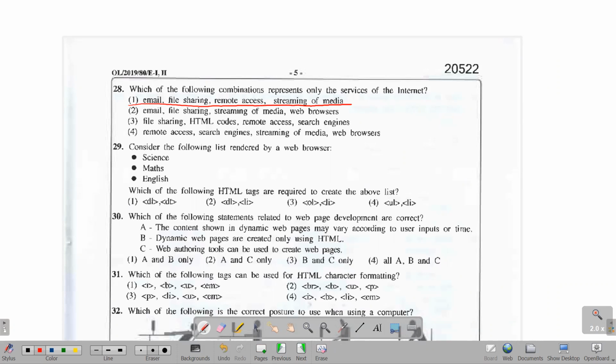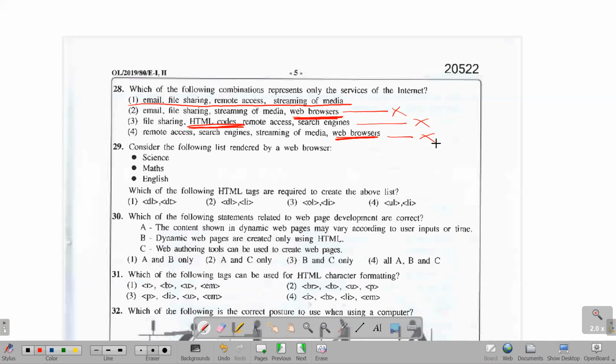The second one is wrong because web browsers are there. It is not a service, it's an application. And the third one is wrong, HTML codes, it is not a service. The fourth one is wrong. Again, web browsers are there. So the first one is going to be the answer.